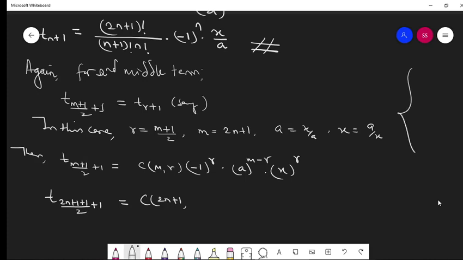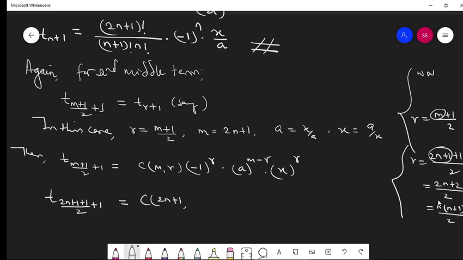Here I want to show you that working note. r equals (m plus 1) by 2. m is 2n plus 1, so r equals (2n plus 2) by 2, which equals (n plus 1) by 2, sorry, 2 by 2. This equals n plus 1. I think you understand now.